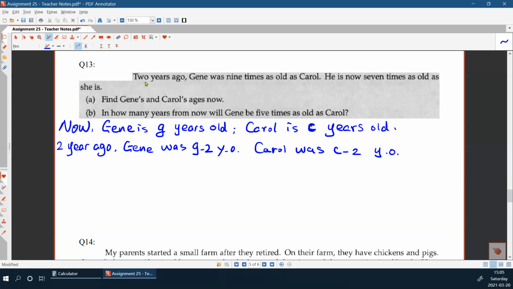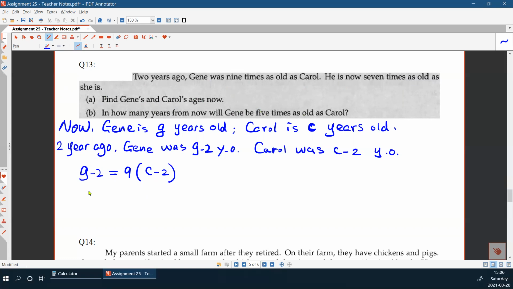So what do we know here? 2 years ago, Jean was 9 times as old as Carol. So that means G minus 2 is 9 times Carol's age, which is C minus 2, right? This is the first information we have interpreted. How about the other information? He's now 7 times as old as she is.